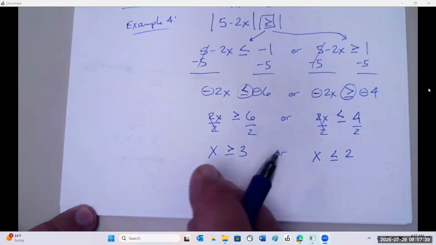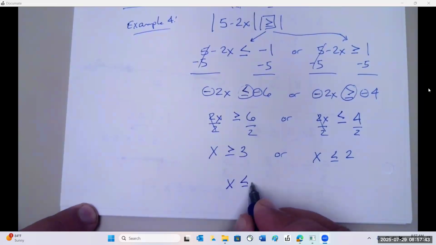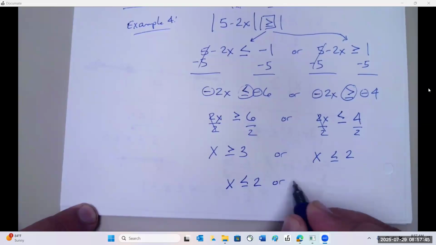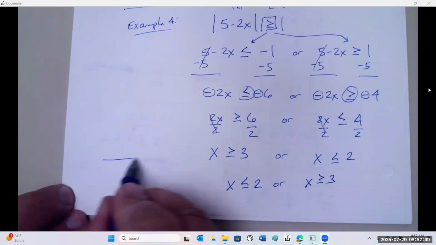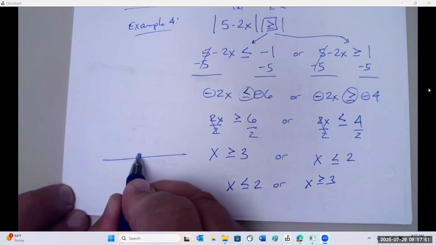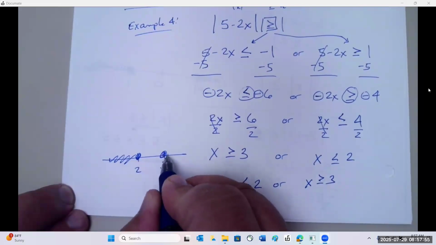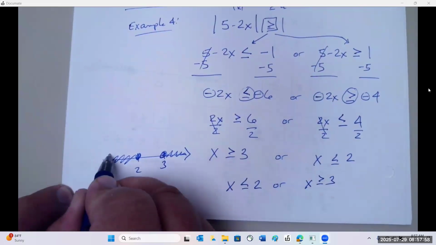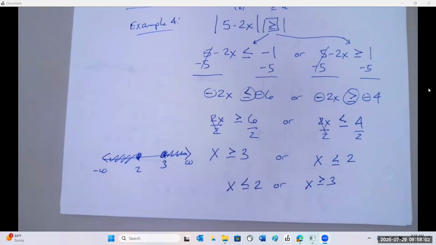So because these are out of sequence, x is going to be less than or equal to 2, or x is going to be greater than or equal to 3. That's what it looks like. That's your answer.